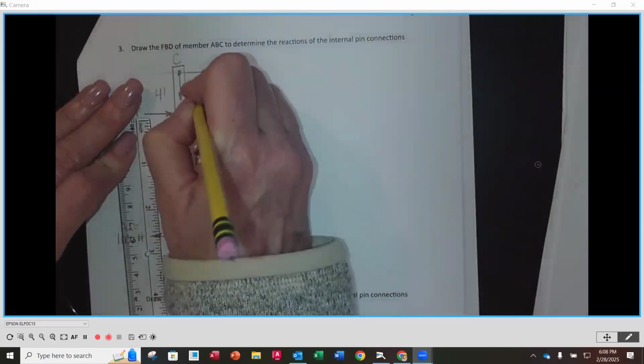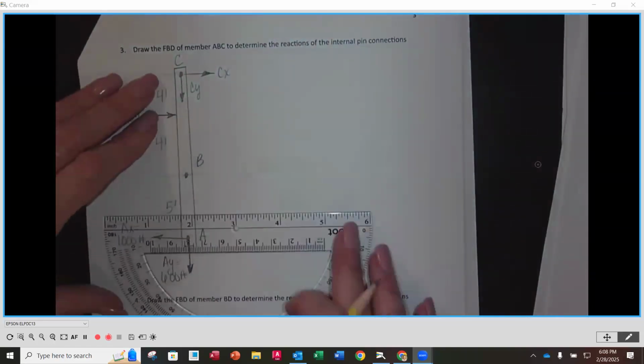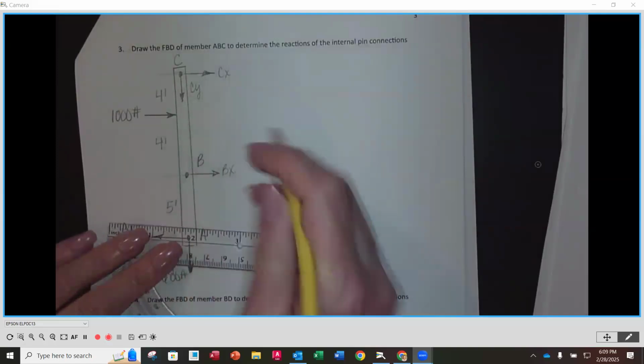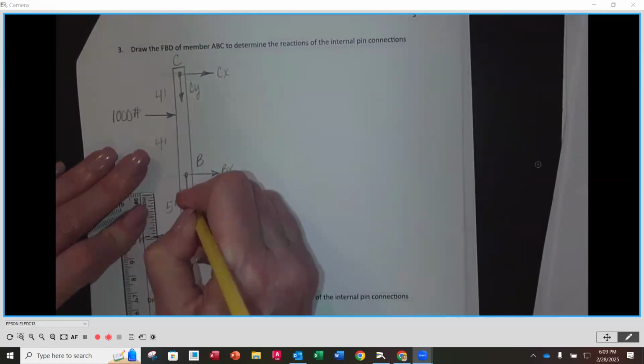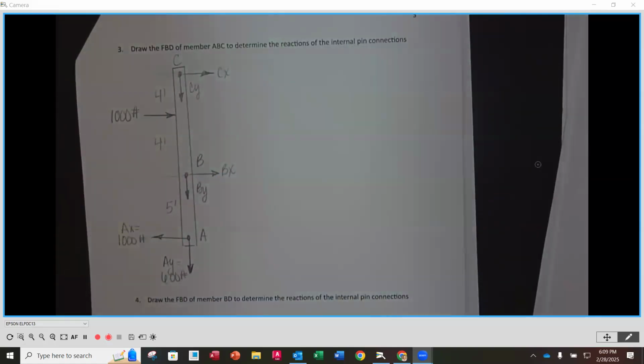So they're showing CX going to the right and CY going down. They're also showing BX going to the right and BY going down. Again, we will establish directions and magnitudes with the math that we do, using the rules that we've been using.